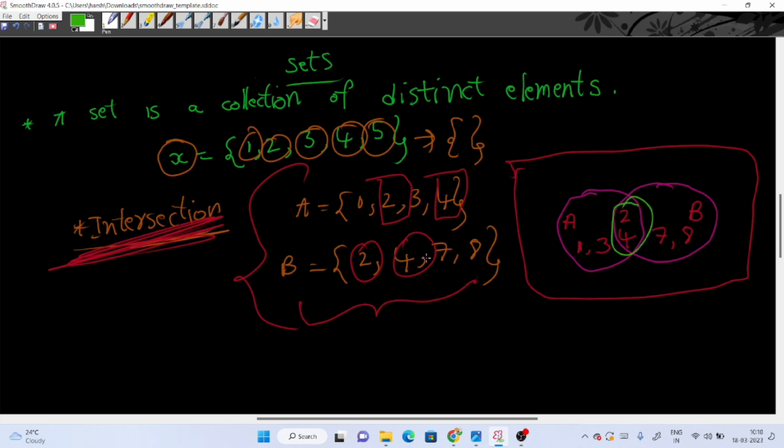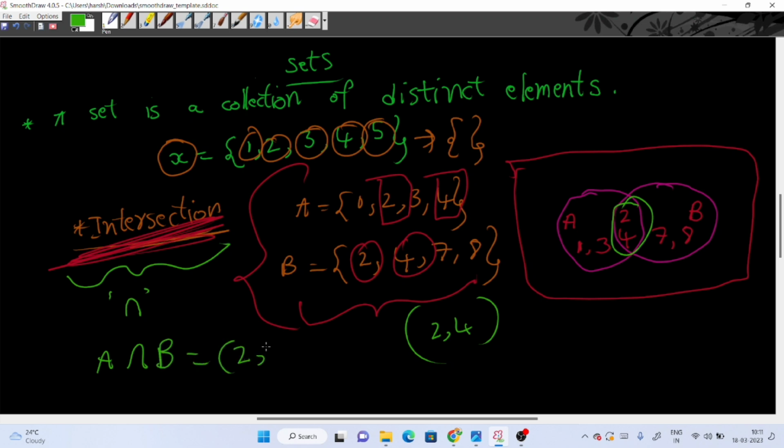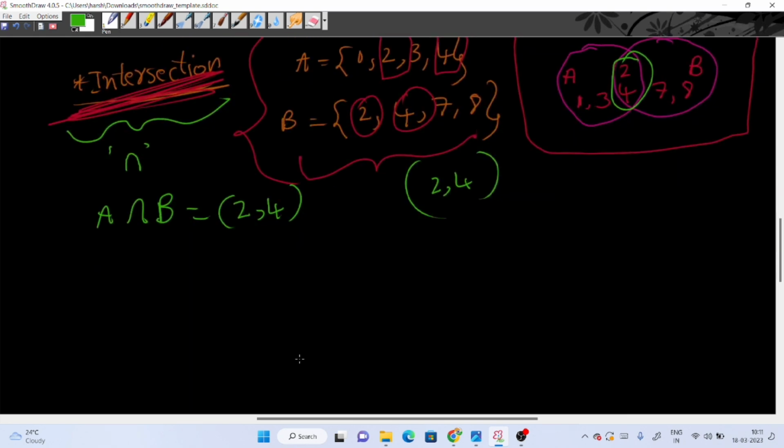Because only 2 and 4 are the same in both A and B. So the intersection of A and B will be 2, 4. We also represent this intersection using this notation. So we may write A intersection B equals {2, 4}. This is the answer for A intersection B.